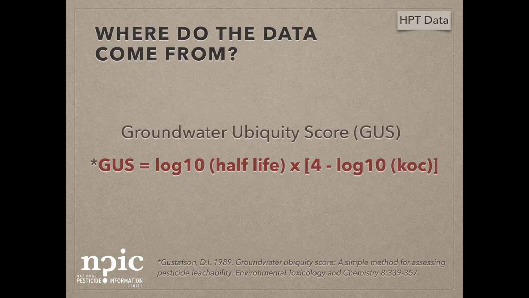This type of value is really giving an indication of whether a chemical will be likely to leave the top 5 feet of soil, so that buffer region, whether it will be likely to move beyond that zone through a soil profile. And we aren't the first to use this value. The GUS calculation has been validated in peer-reviewed studies and has been used as one component in other pesticide properties databases, such as NRCS's WinPST.